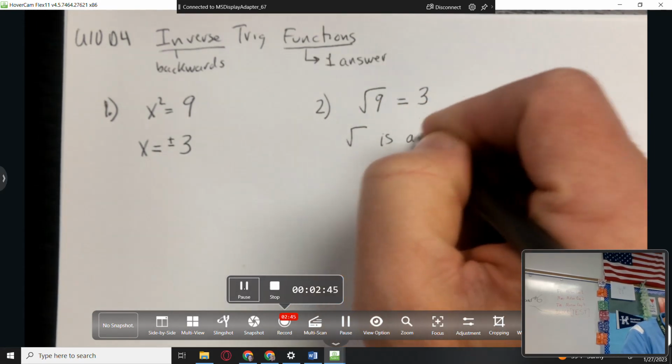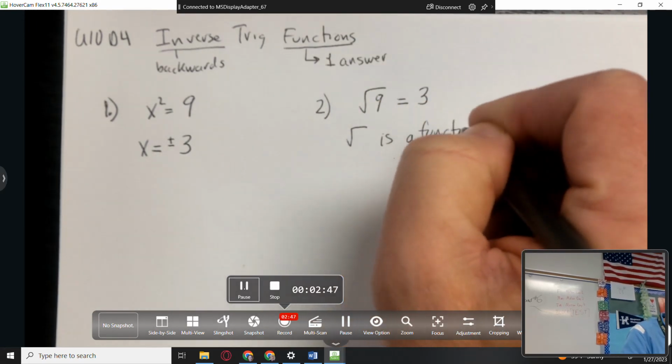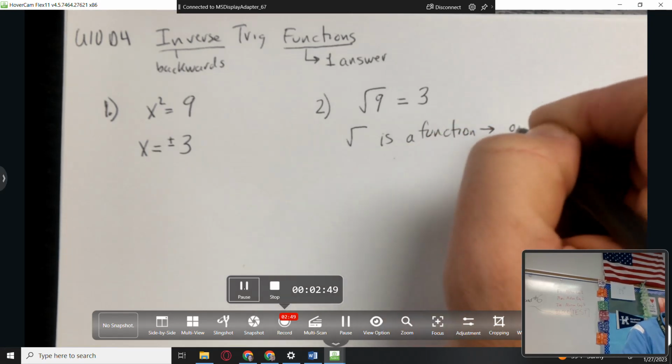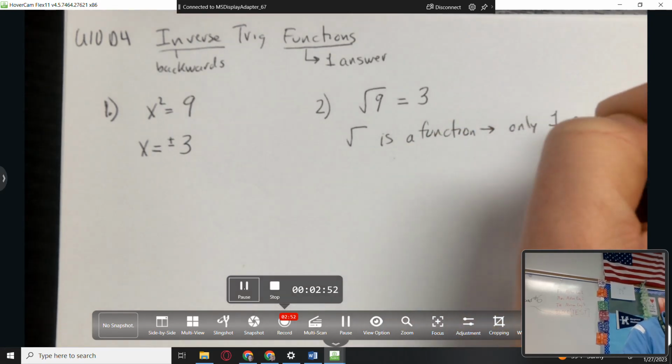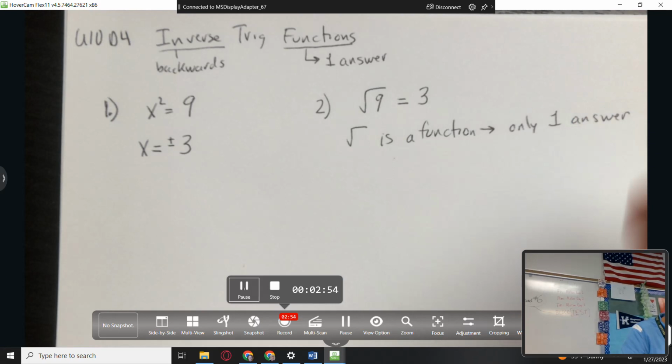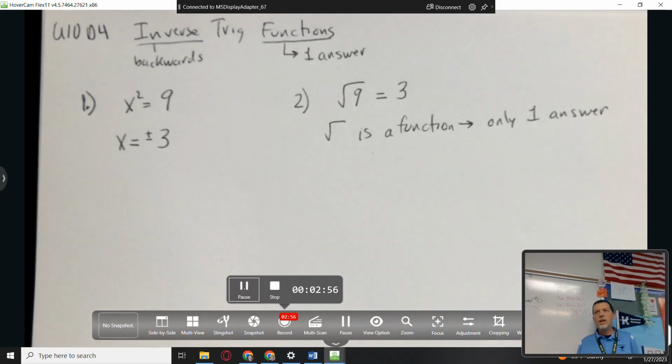The square root is a function, therefore only one answer. So we sort of have a restricted output, a restricted range.